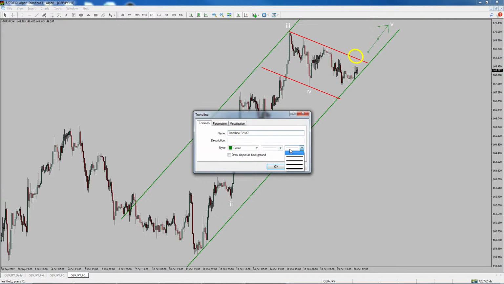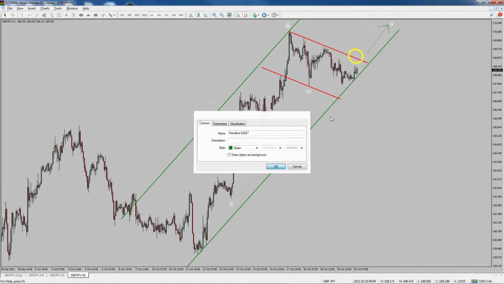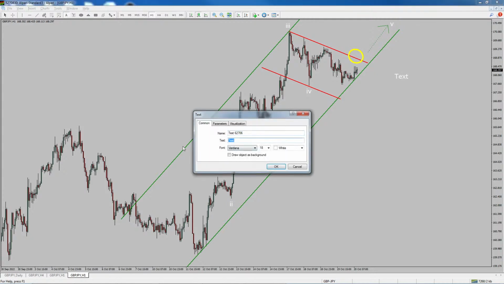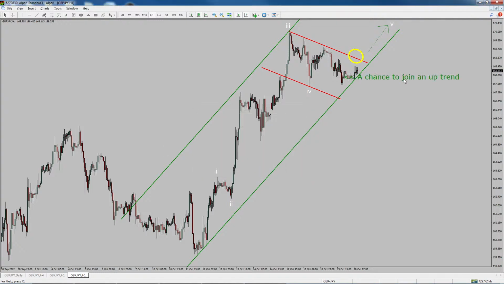So for those who are interested to trade the pound yen, this is my forecast and this provides us a chance to join an uptrend. Now we also need to define the support area.